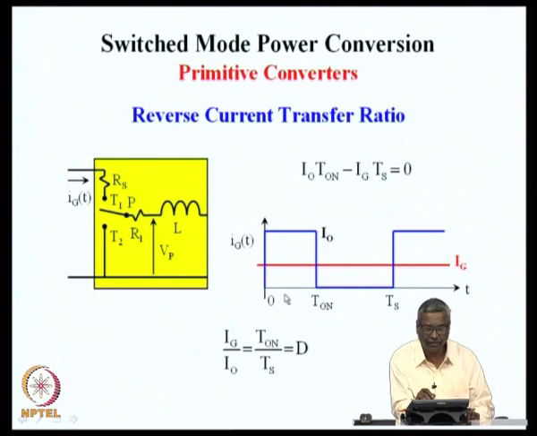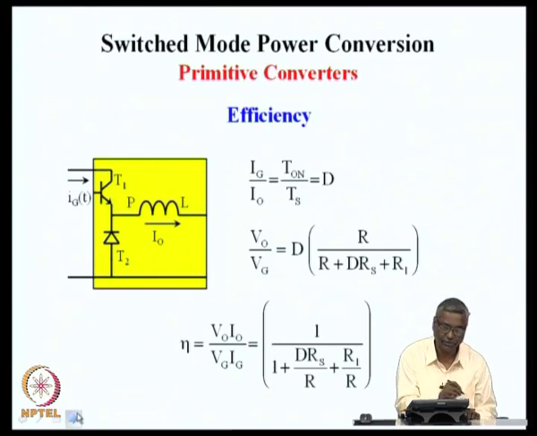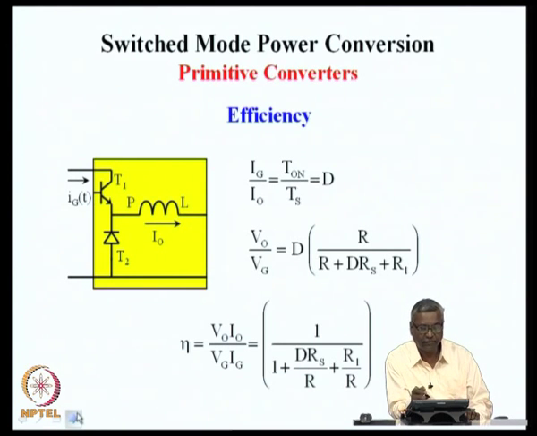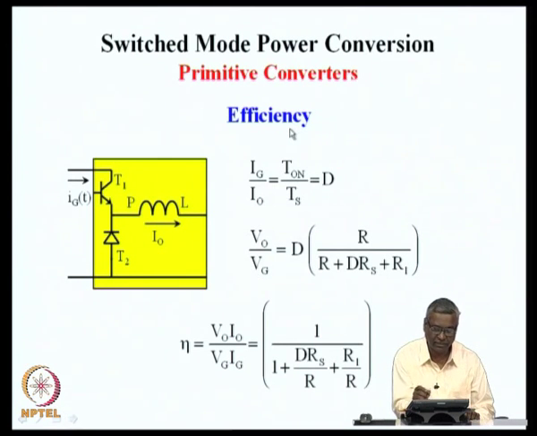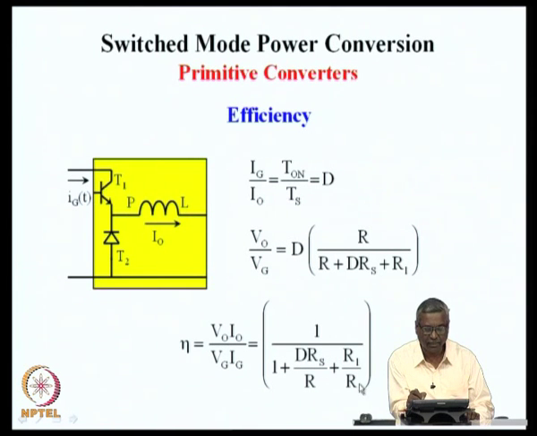When we evaluate the average current, it continues to be as before, and so the ratio of Ig by I naught is still the same as the duty ratio. The consequence is that the efficiency of this converter is the same as the correction factor in the voltage conversion ratio, 1 by 1 plus Rs into D by R plus RL by R.